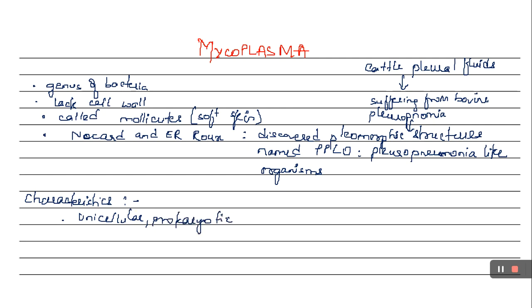They are a genus of bacteria slightly different from the rest of the bacteria. They are usually non-motile in nature. They form fried egg-like colonies.